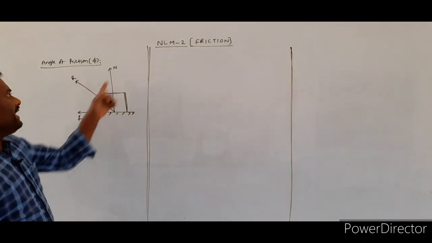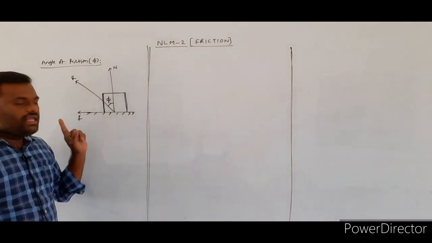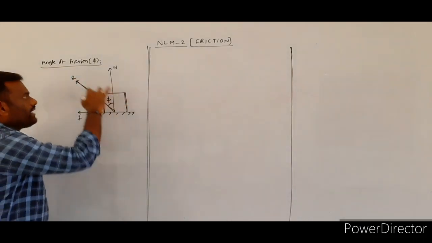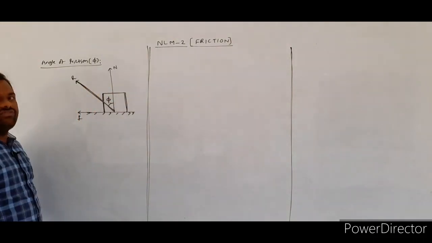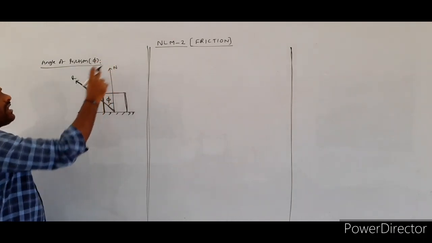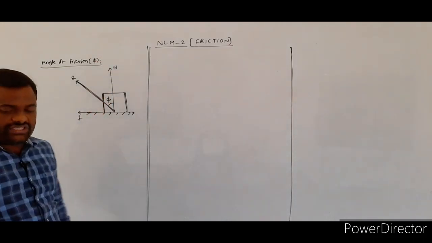So, F and N indicate what? Contact forces. If you calculate the resultant contact force, it always lies in between the normal reaction and the frictional force.